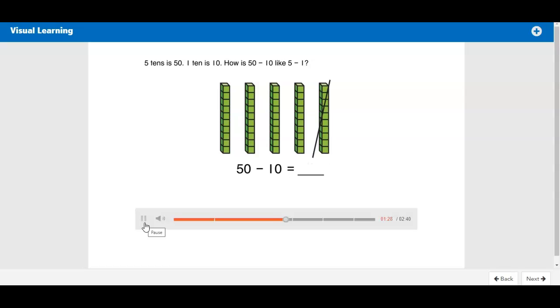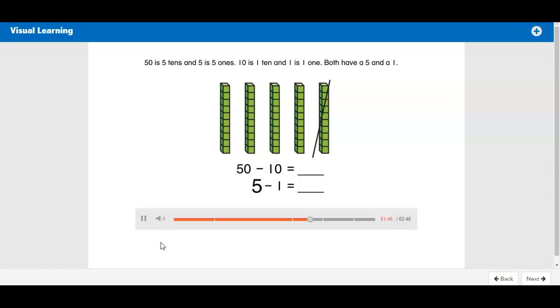How is 50 minus 10 like 5 minus 1? The numbers in the tens spot for 50 and 10 are the same numbers that are represented by the ones spot in 5 minus 1. 50 is 5 tens and 5 is 5 ones. 10 is 1 ten and 1 is 1 one.